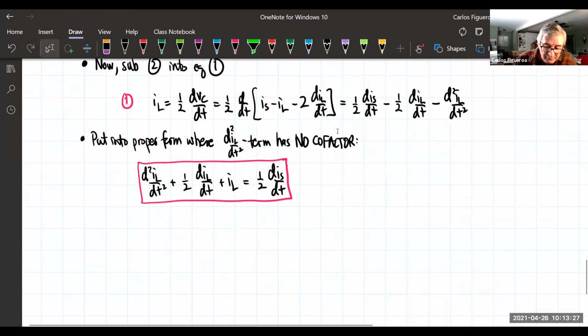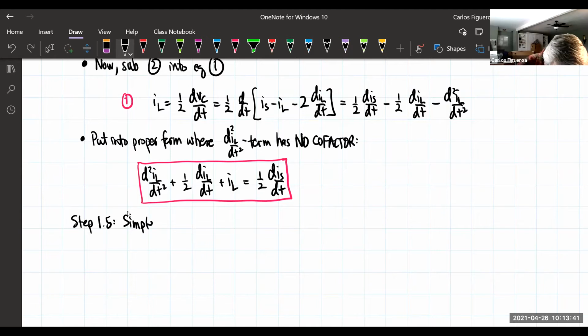Now let's go to the final step. What I want to do here is a simple check on the second order equation.